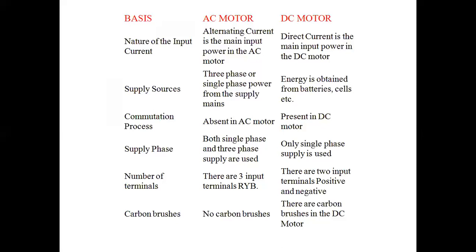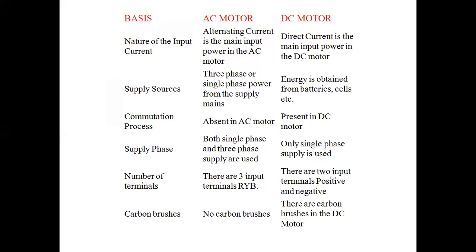Now, supply phase. An AC motor may use both single phase and three phase supply, but in DC motor only single phase supply is used. Number of terminals: there are three terminals used in AC motor: red, yellow, and blue.